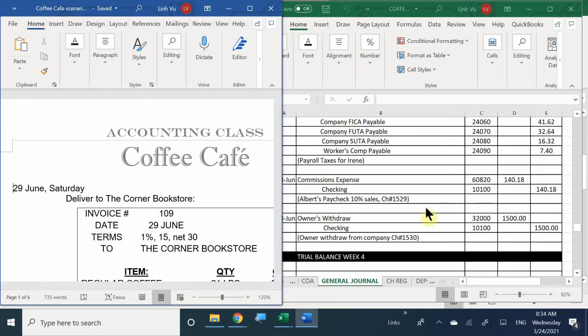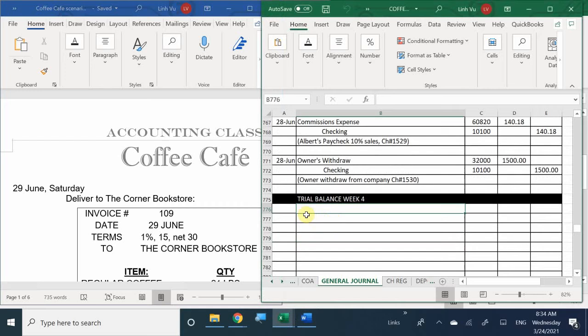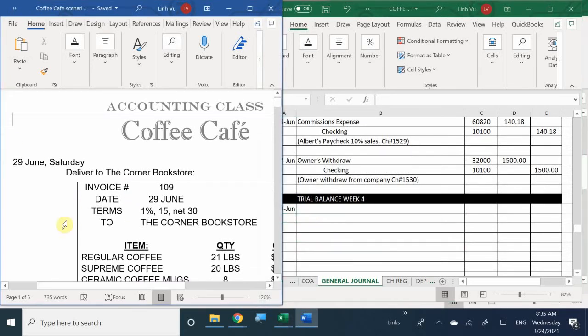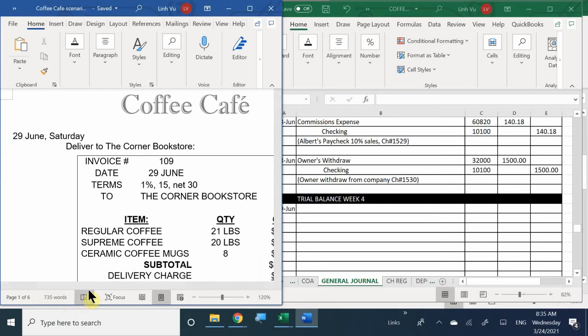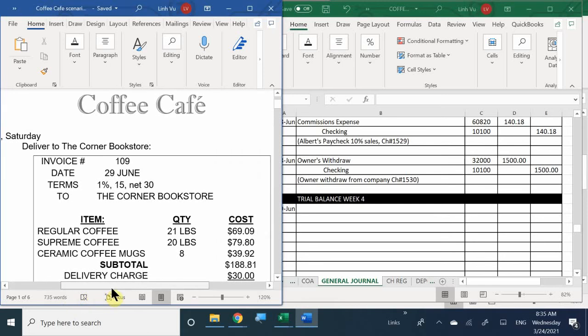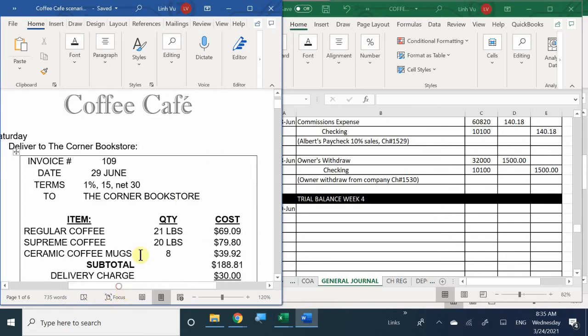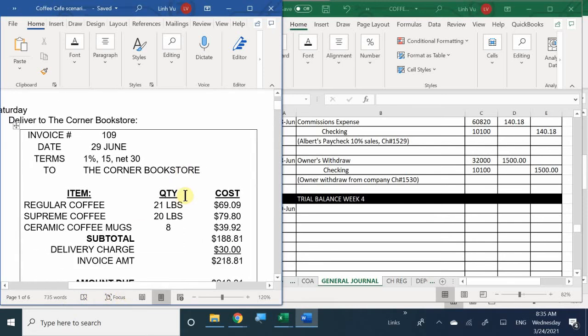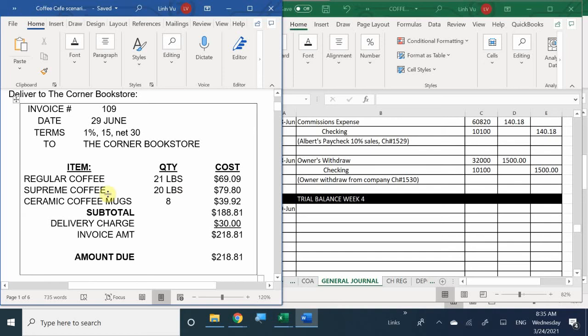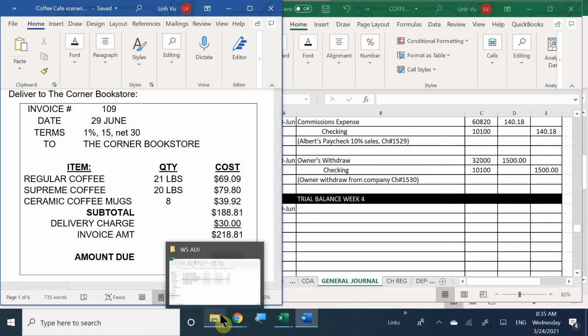So let's see what happened on June 29th. What happened here? Delivery to corner bookstore. We delivered to the corner bookstore. Okay, so let's look at the information here. What am I going to journalize?